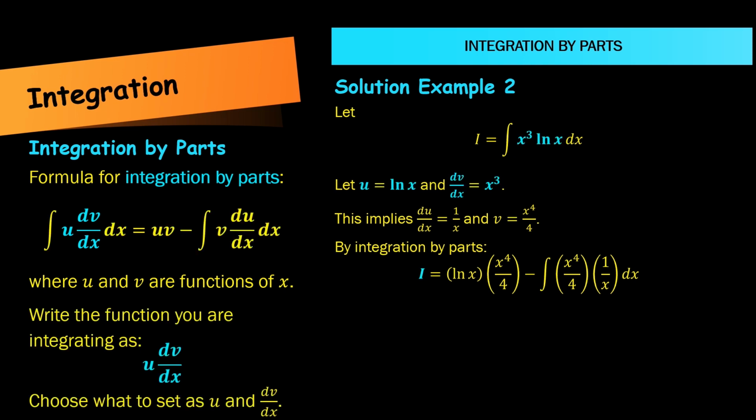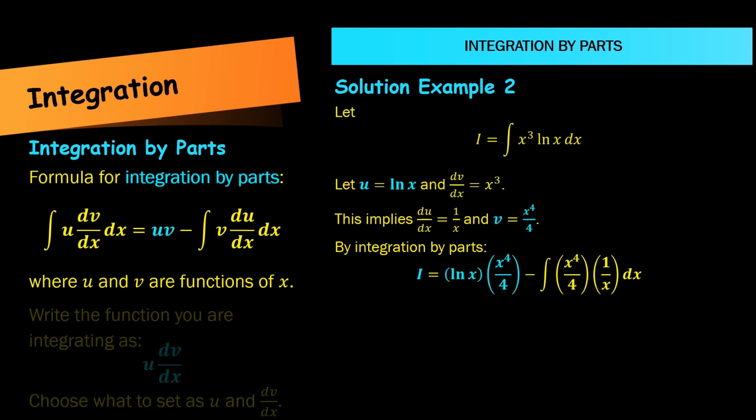On the left-hand side we have I, which is equal to the integral of x cubed ln x dx, or u dv/dx in terms of our formula. And on the right-hand side we have uv, which in our example is ln x times x to the power 4 divided by 4, minus the integral of v du/dx, which is x to the power 4 over 4 times 1 over x dx.